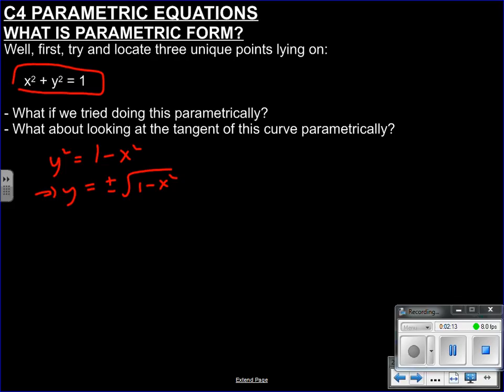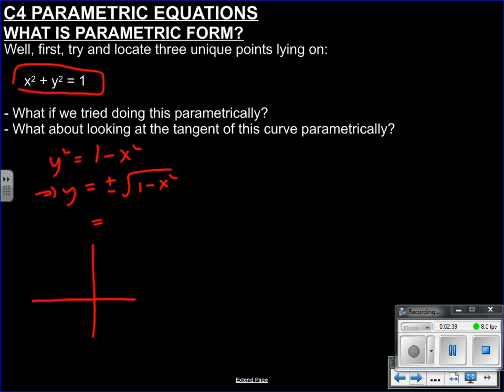And then you would put in values for x. So let's say if I wanted to put x equals 5, I get plus or minus, because I want to find my y value, yeah? 1 minus 25, now I'm taking the square root of minus 24, which of course I can't do, and my nose will start bleeding.